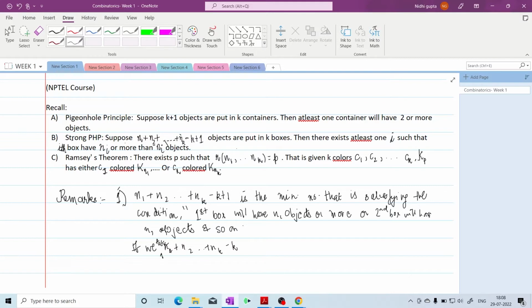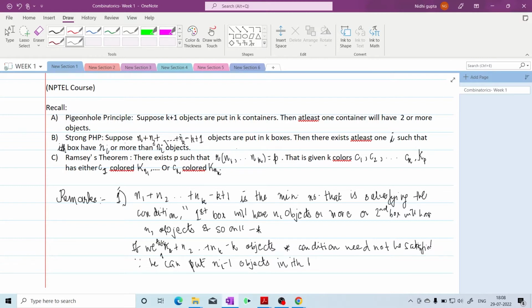If we take these many objects, this star condition need not be satisfied, because we can put ni minus 1 objects in the ith box.